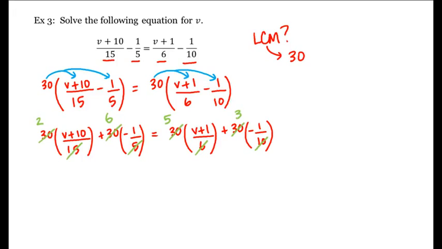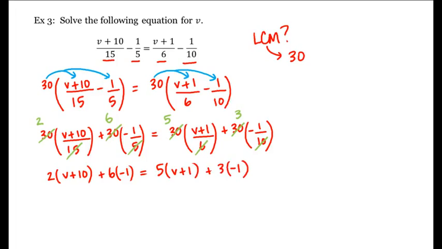And now our equation has simplified as follows. 2 times v plus 10 plus 6 times negative 1 is equal to 5 times v plus 1 plus 3 times negative 1. And we've eliminated the fractions.